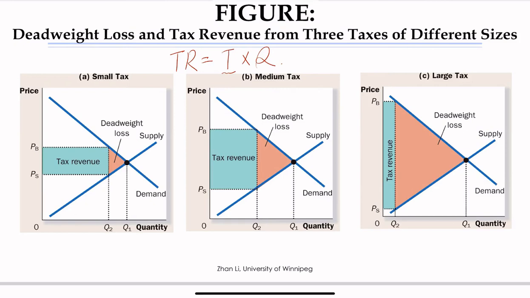And in this case, as you increase the tax, you will get higher tax revenue. But if this T is very large, now Q will become very small, right? The quantity will be very small. And in this case, if quantity is already very small, continuing increasing tax will just reduce tax revenue.